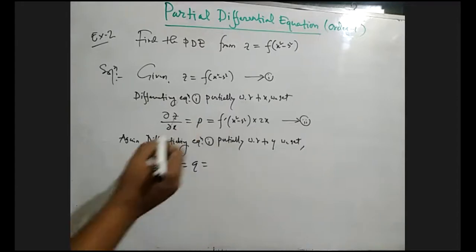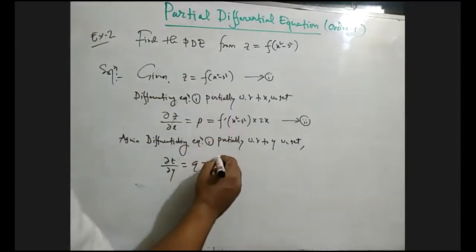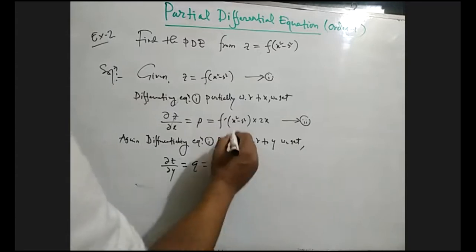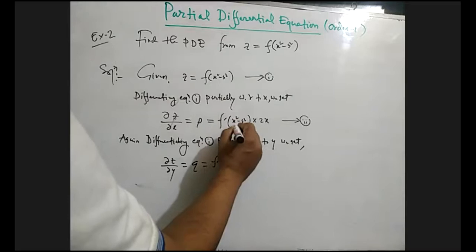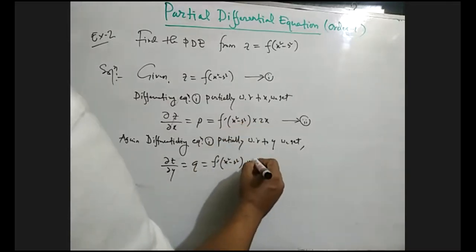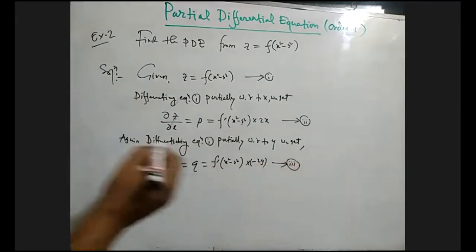You must know this notation: f dash of (x² minus y²), multiplied by the differentiation of this with respect to y, so minus twice y. This is equation number 3.